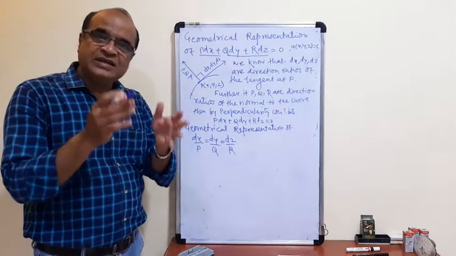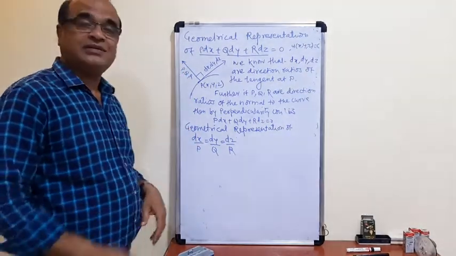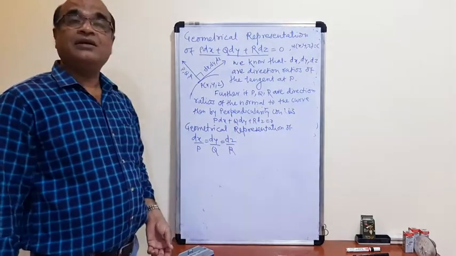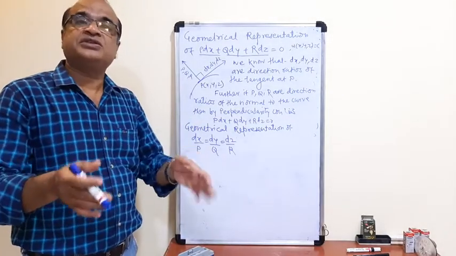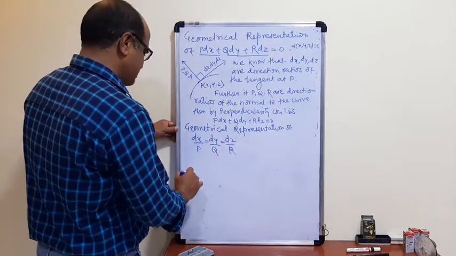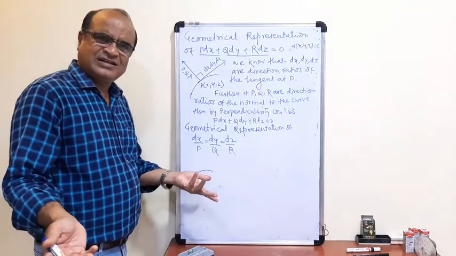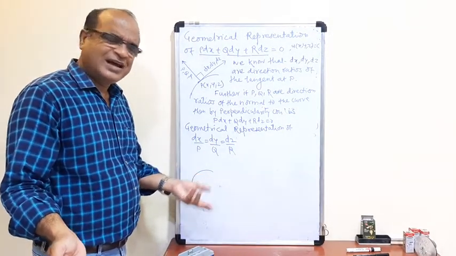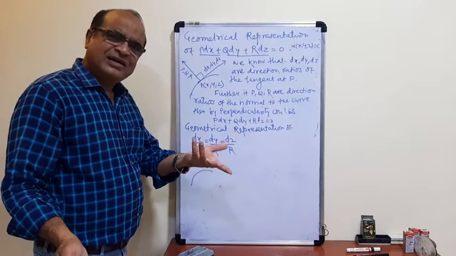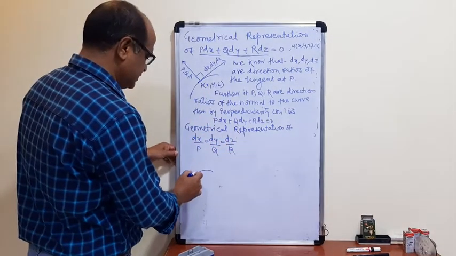So this is the ordinary simultaneous differential equation. How does this equation represent geometrically? That is important. So we draw again a curve. The solution of this is also a function of x, y, z, and that function is nothing but a curve in space. So this is the curve.